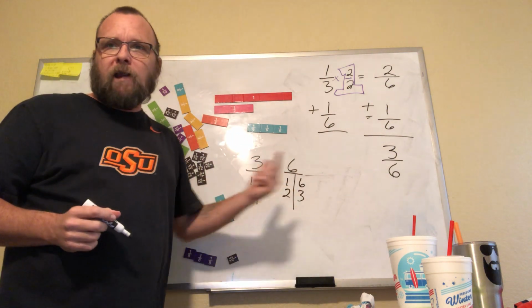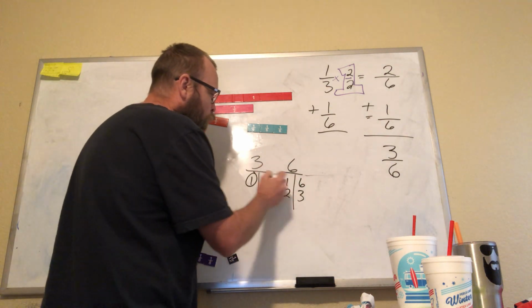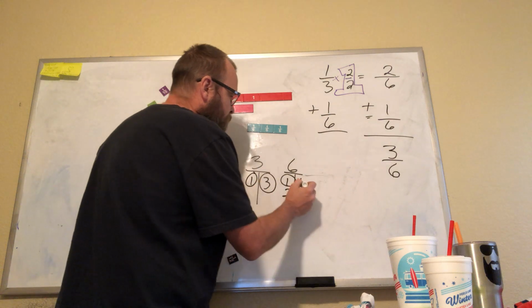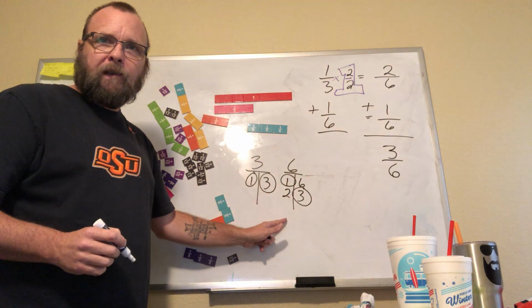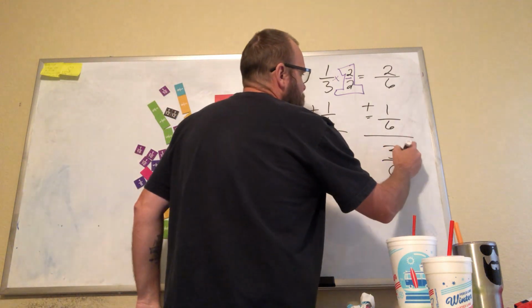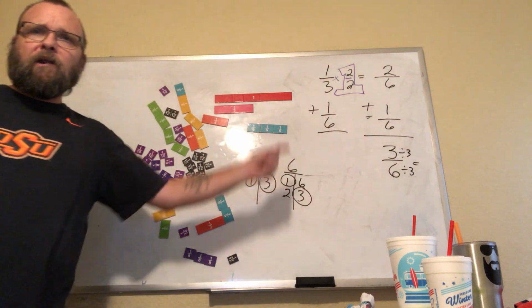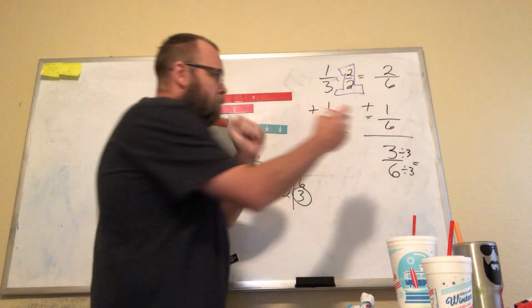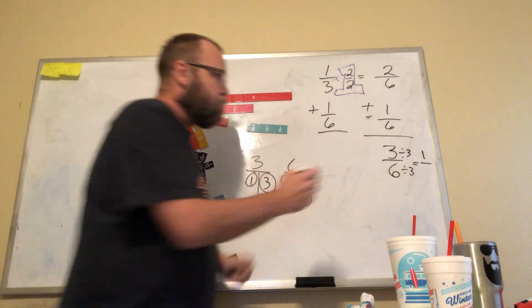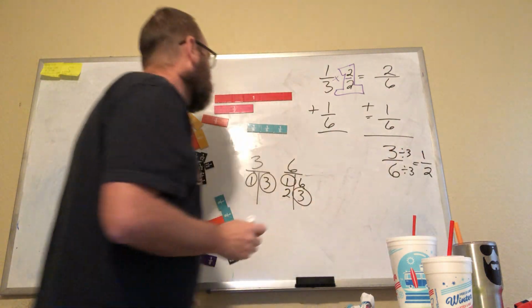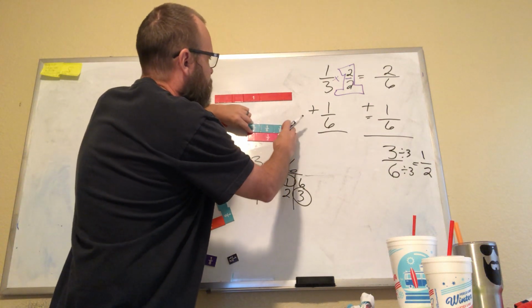Those are all our factors of 3 and 6. They both have a 1, and they both have a 3. The biggest one they have in common is 3. So if I divide these both by 3, 3 divided by 3 is 1, and 6 divided by 3 is 2. And that's why 3/6 equals 1/2.